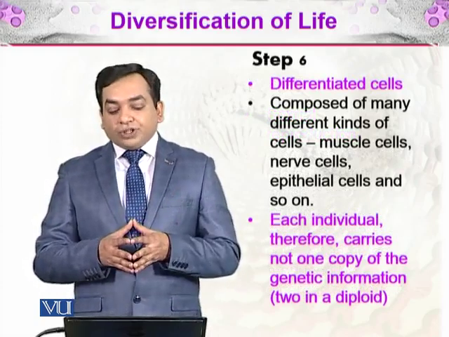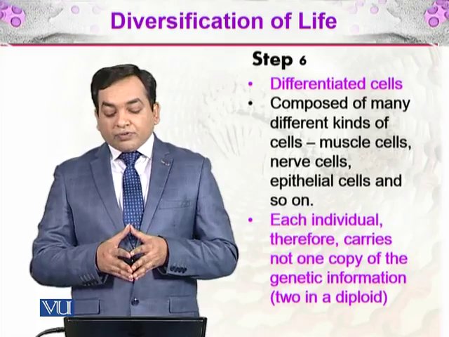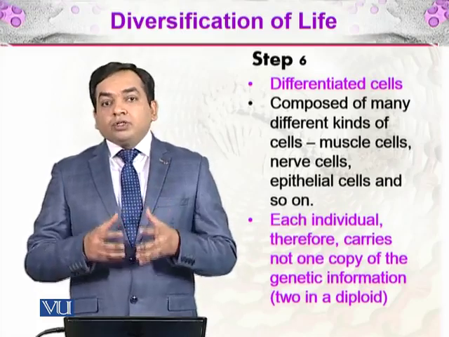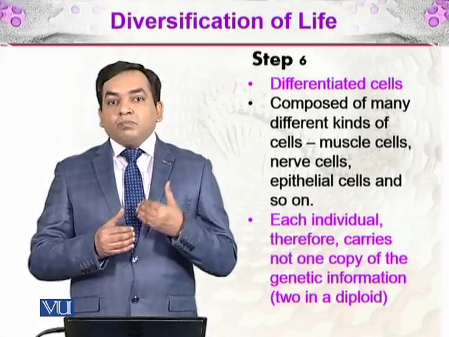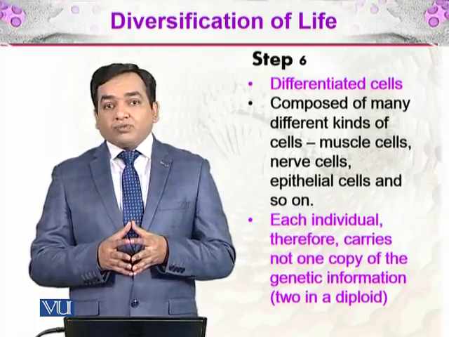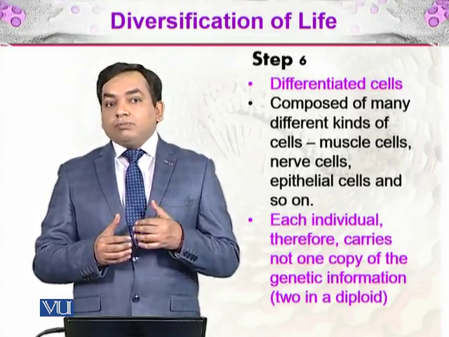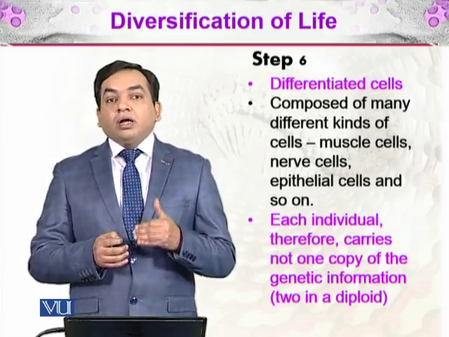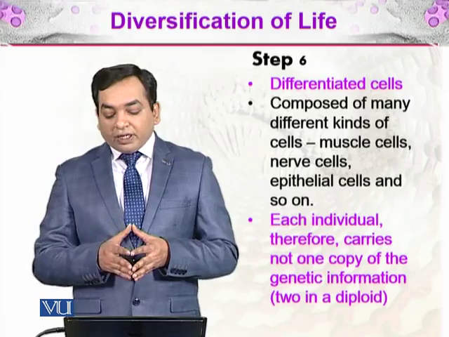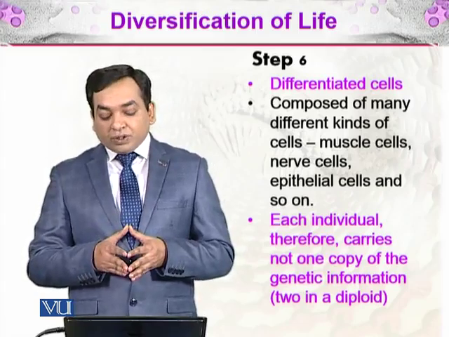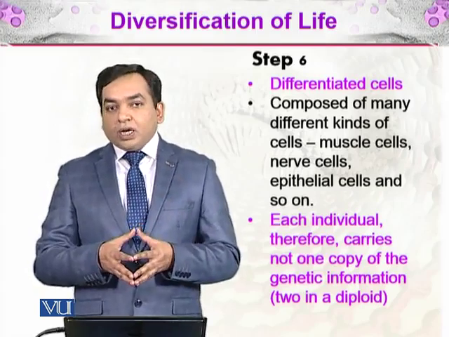And then there are the differentiated cells. These are composed of many different kinds of cells: muscle cells, nerve cells, epithelial cells, and so on. If we see our body today, we have more than 200 types of cells, and all of these cells are responsible for producing different types of chemicals and performing different tasks. Each individual therefore carries not one copy of genetic information, but millions of copies.